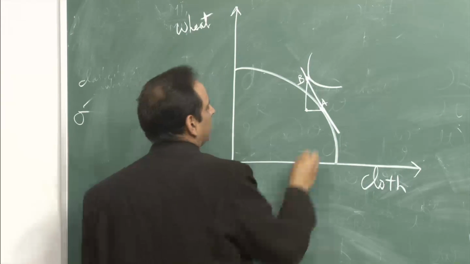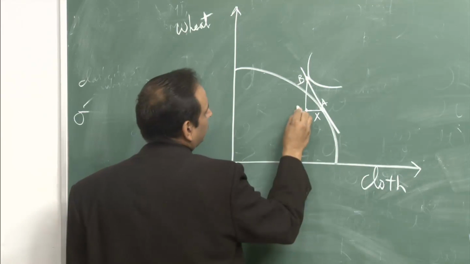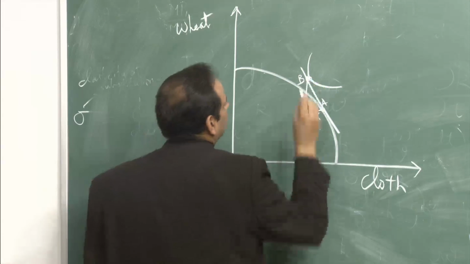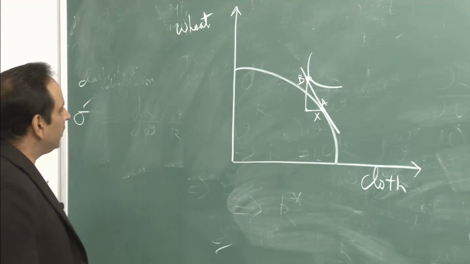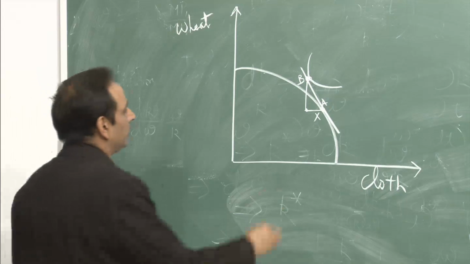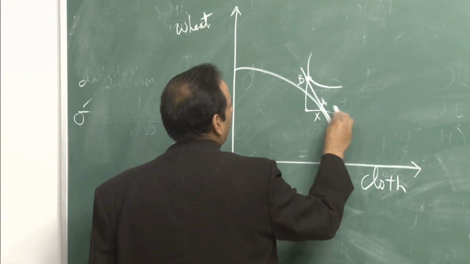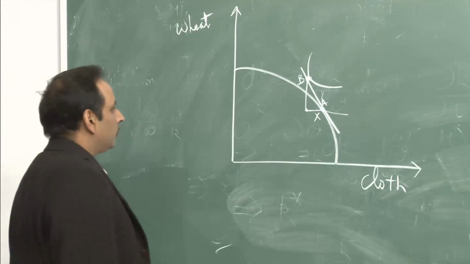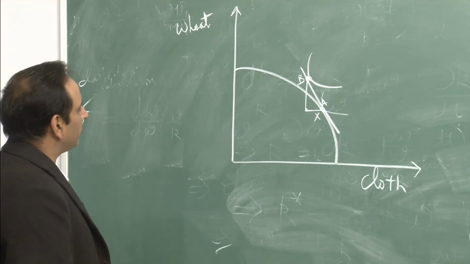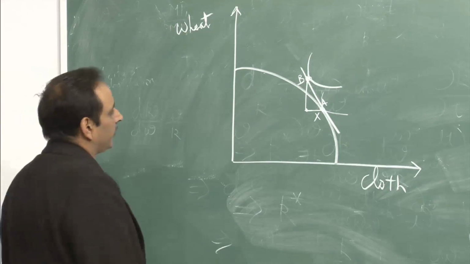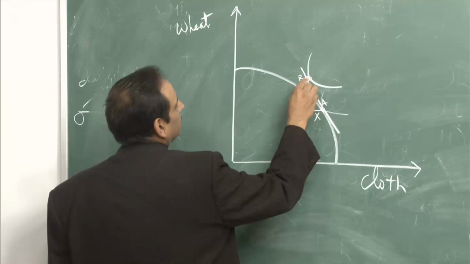It reaches a point like B, which is on a higher indifference curve than the point at autarky. So with trade, it reaches a point like B.